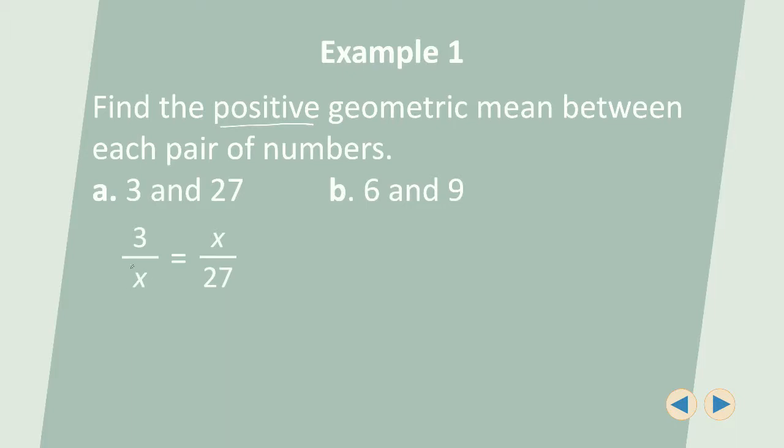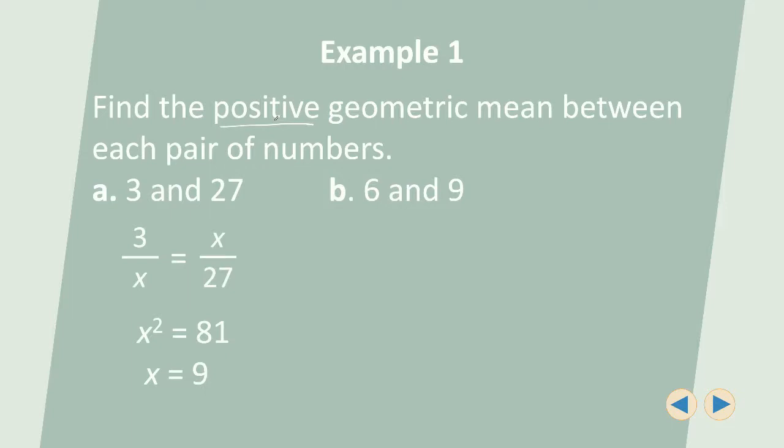Those are actually called the means positions, so that's why it's called a geometric mean, or one of the reasons. So we put a variable there, and then we cross multiply. We get x squared equals 81, and we take the square root of both sides, and it did say, again, find the positive geometric mean. So the positive geometric mean is 9.